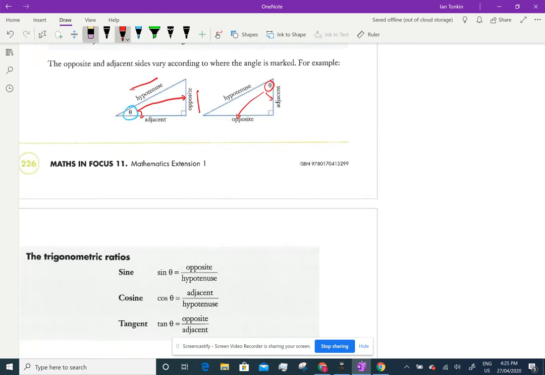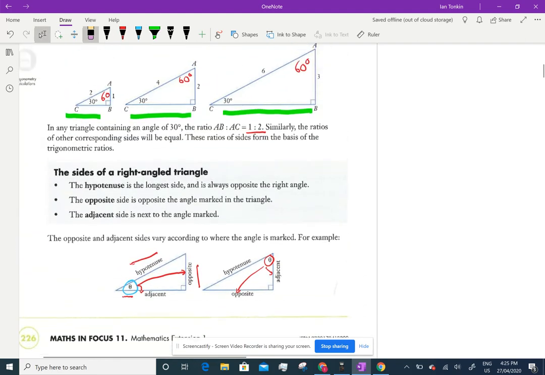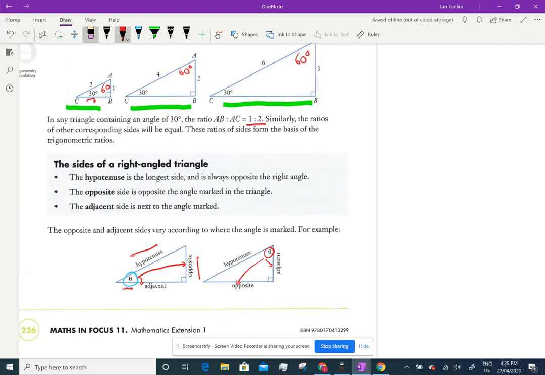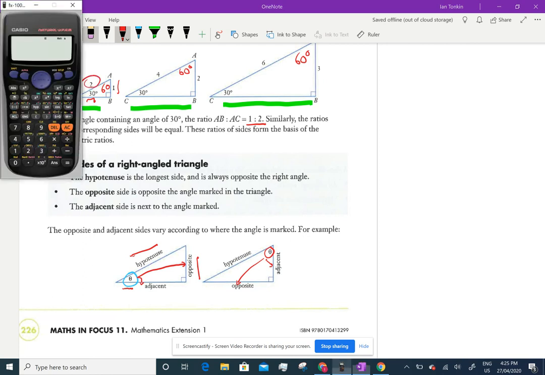Well, they decided to call that sine. And they said the sine of this angle, whatever that angle happens to be, so in this case 30 degrees, opposite over hypotenuse, is 1 to 2. And you can check that. Your calculator has that stored. So if you go sine 30 degrees, you get 0.5, which as a fraction is 1 to 2.